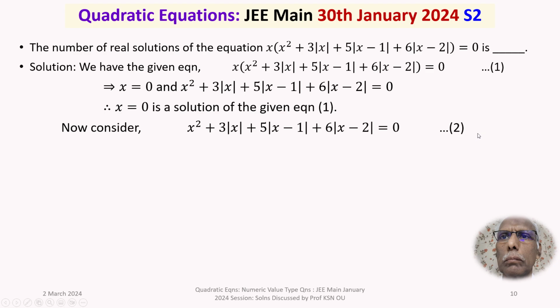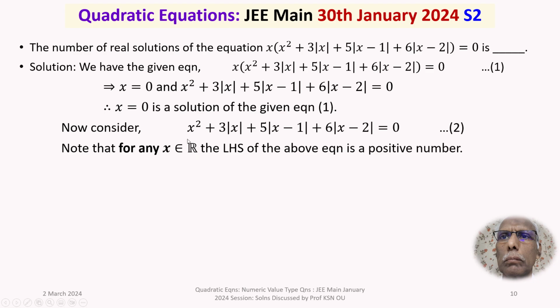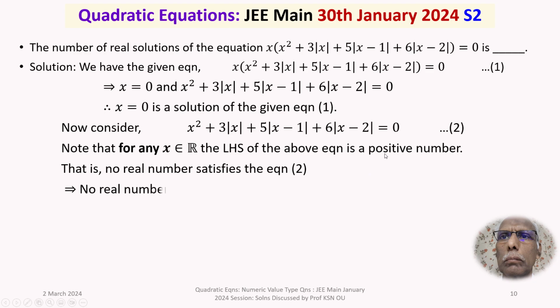Call this equation 2. Note that for any real x, the left hand side of this equation 2 is a positive number. A positive number equal to 0 is not true. So no real number satisfies equation 2. Therefore, no real number is a solution of equation 2.